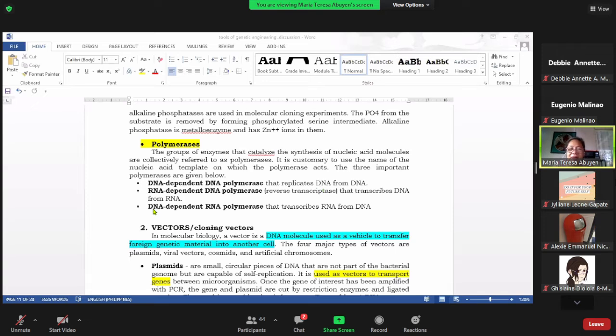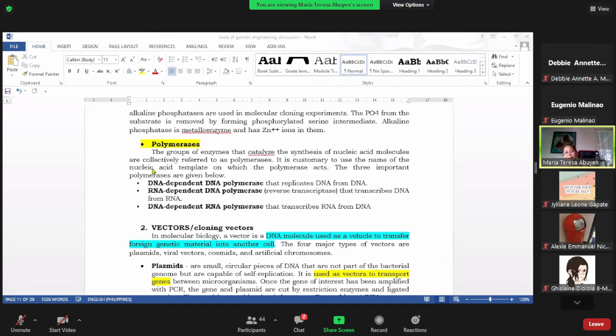The DNA-dependent RNA polymerase that is used in transcription, and the RNA-dependent DNA polymerase that uses reverse transcriptase enzyme to copy the sequence in an RNA molecule. So the reverse transcriptase, or the RNA-dependent DNA polymerase, transcribes DNA from RNA. We call this RNA-dependent DNA polymerase as reverse transcriptase.